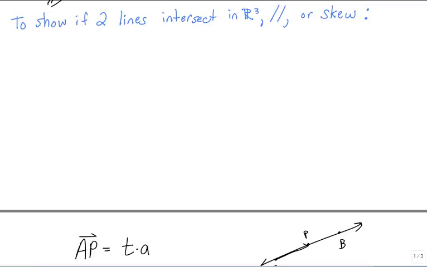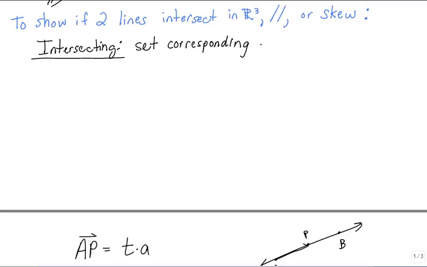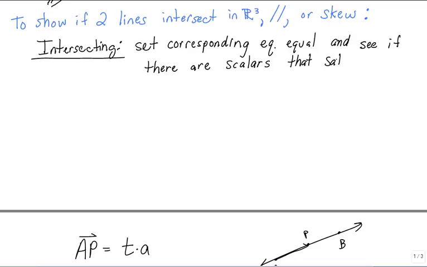Okay, so if they're intersecting, to test if they're intersecting, you set the corresponding x's together, the y's and the z's. So I'll just say you set the corresponding equations equal and see if there are scalars, t and s, that satisfy all three equations at the same time.